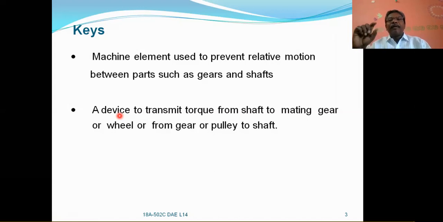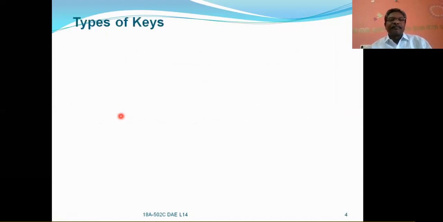And this keyway may be sometimes in a hub of the mounting or also in the shaft. Sometimes it may be in the hub only. So that recess which is used to accommodate the key is called keyway, and mainly the material is mild steel.